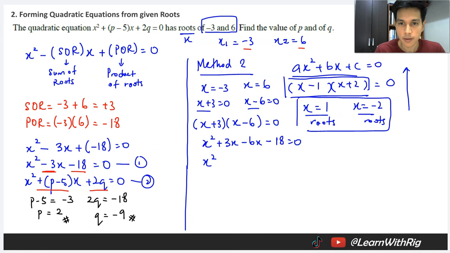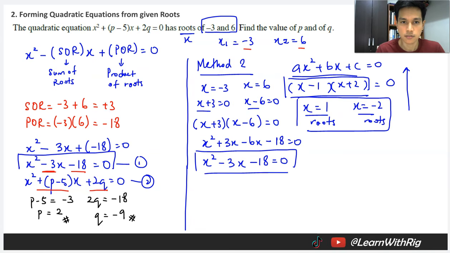So x squared minus 3x minus 18 equals 0. So if you notice, this equation is the exact same equation as this. Correct? It's the exact same equation as the two sides are the same.